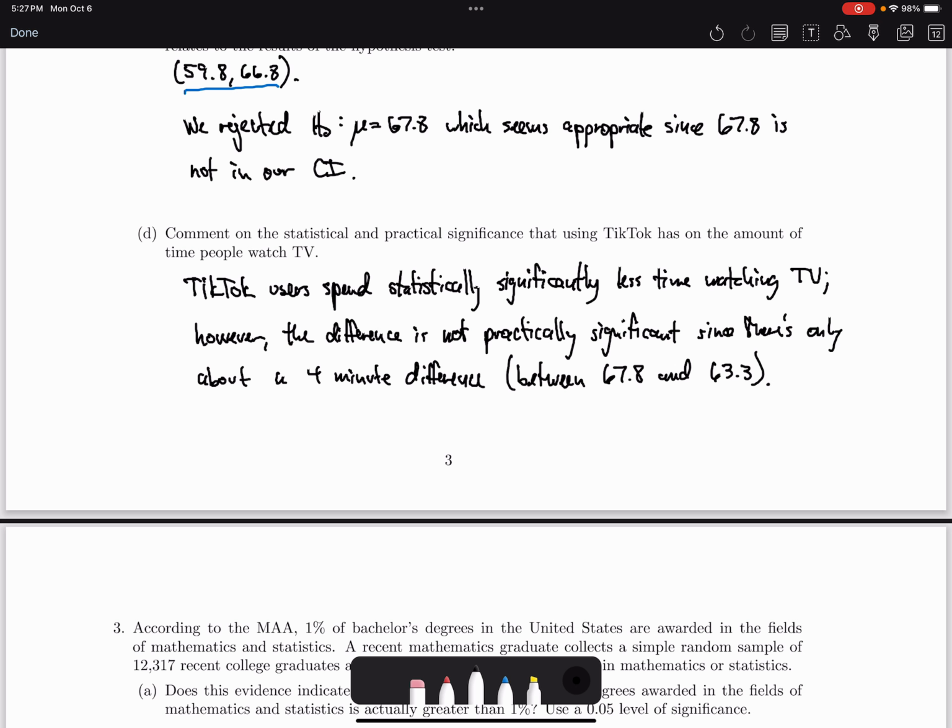As long as you're backing up your answer with good reasoning, you're not going to get marked down. But for me personally, I would say a 4-minute difference when you're already talking about watching TV for over an hour is just not that substantial. So I would not call this practically significant. Yes, there's a difference, but it's not really a substantial difference. Okay.